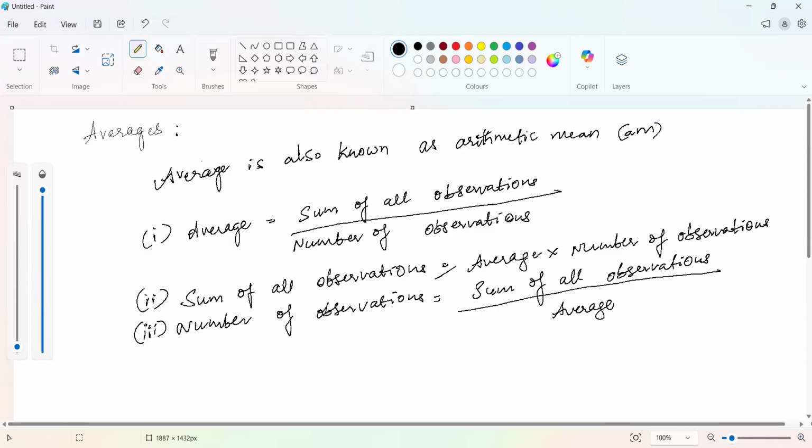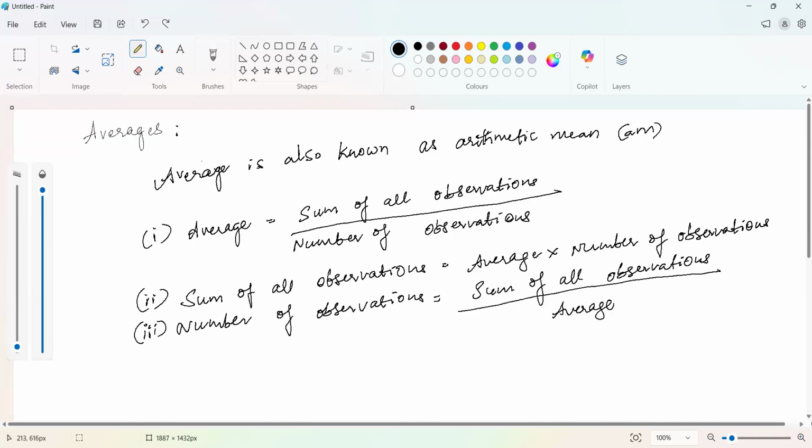So three different formulas are there. You can answer whatever is being asked in the question. So either you need to calculate the average, or you need to find the sum of all values, or how many values are present. All the three different types of questions can be there. Okay, have you written this down?